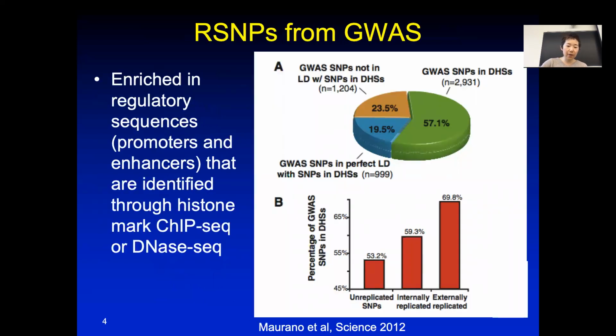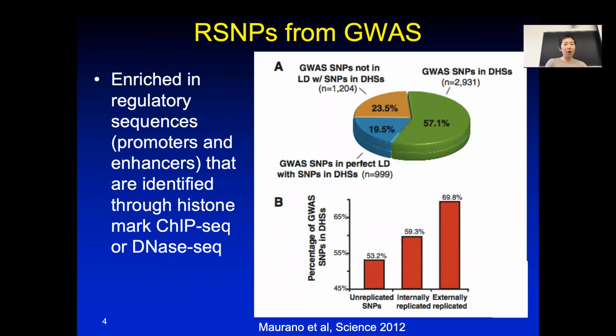And so in the same study that looked into the number of GWAS SNPs, they looked at all the GWAS SNPs. And so you can see here, we mentioned that there is an experiment called DNase hypersensitivity sequencing, or DNase-seq, which basically gives us all the binding sites of different transcription factors in a particular cell state.